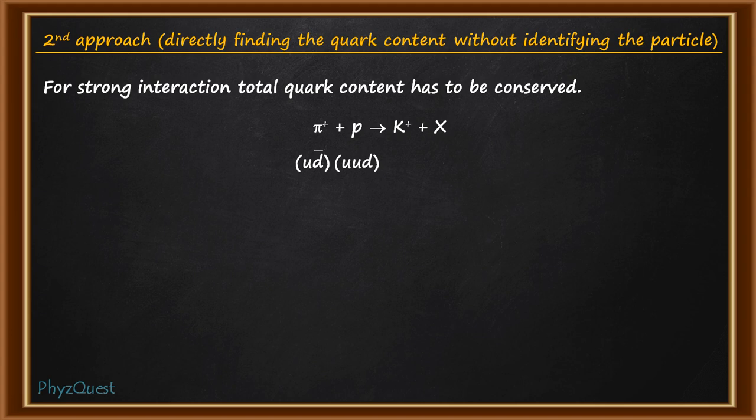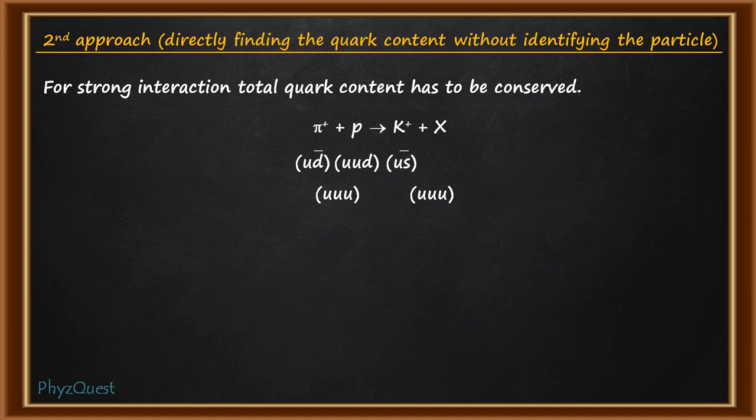The total quark content on the left-hand side will be u u u, since d and d-bar cancel each other. So to have a valid strong interaction, the right-hand side will also have a total quark content u u u.